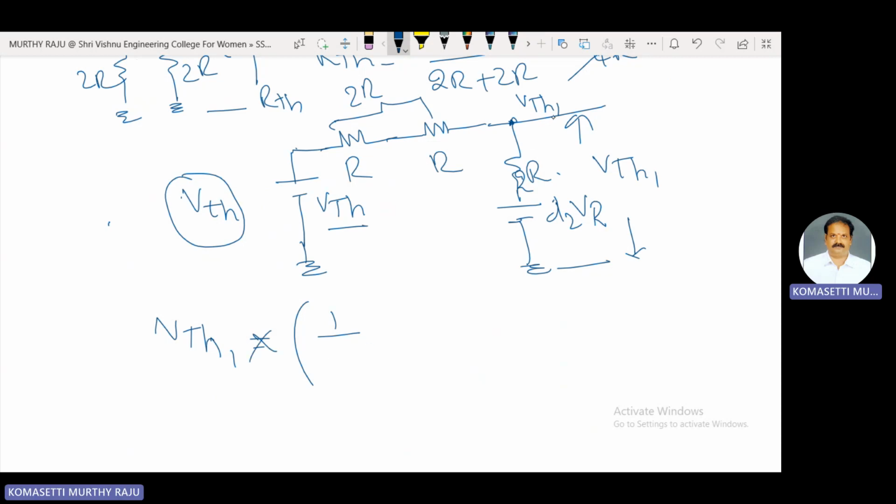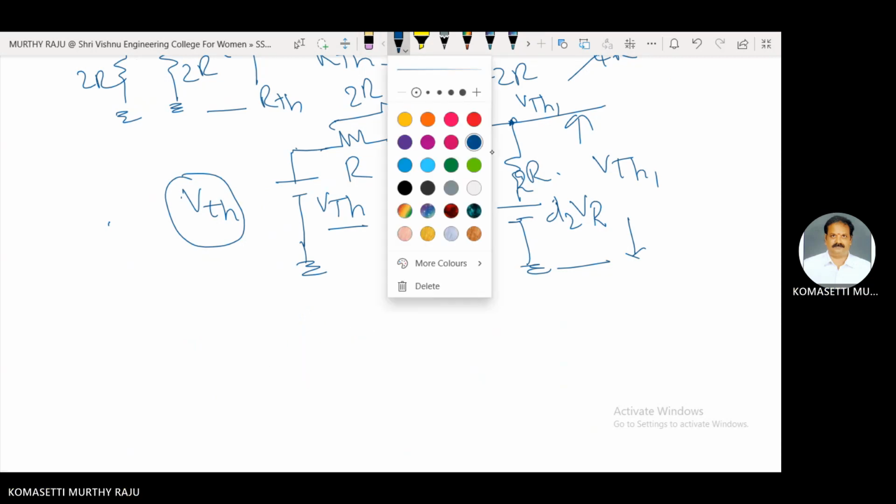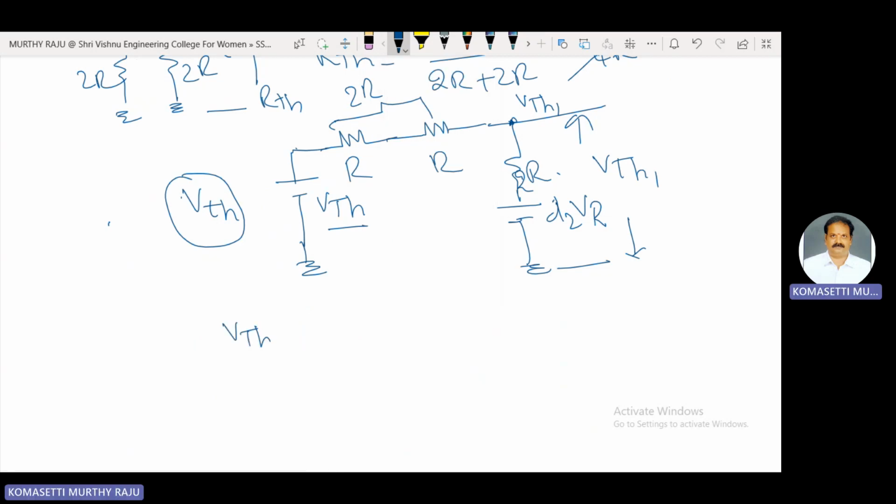Consider admittances, that means 1 by 2R. VTH1 into that node voltage, VTH1 into 1 by 2R plus 1 by 2R. Adjacent node voltage here is minus, so plus VTH by 2R. Here minus sign is there, minus VTH by 2R.